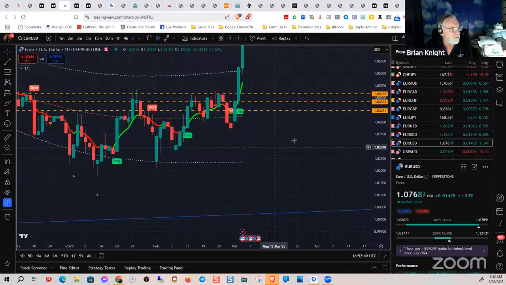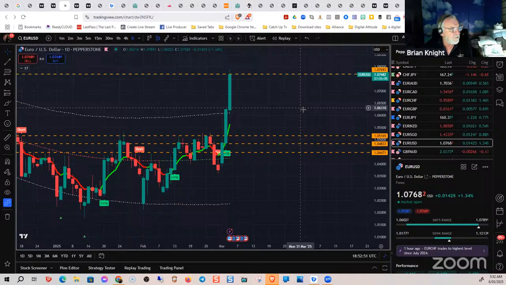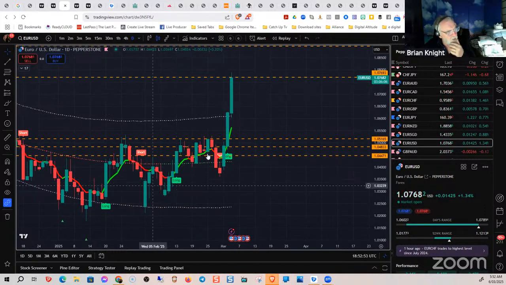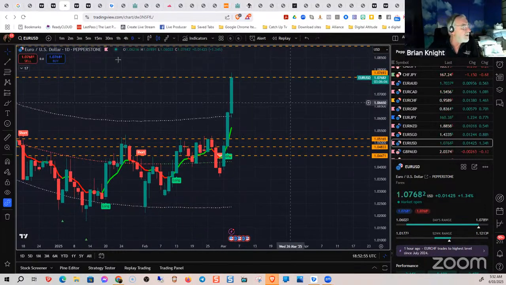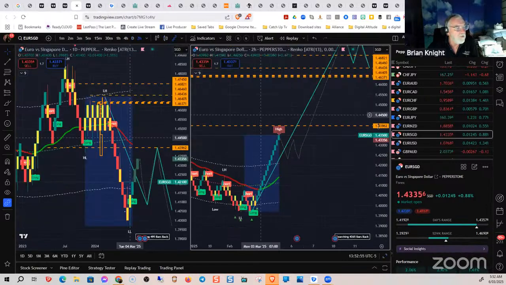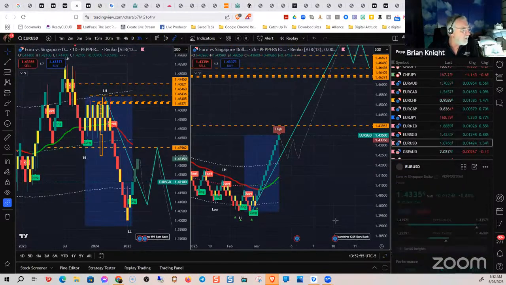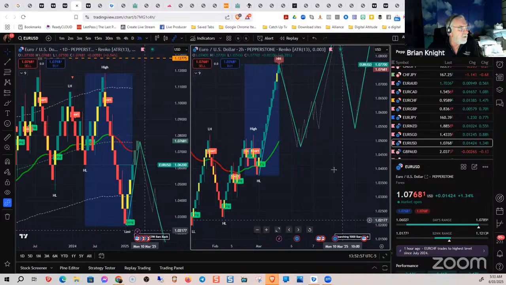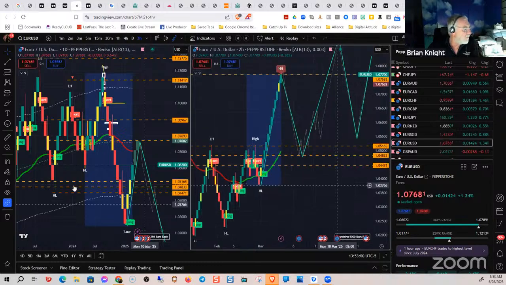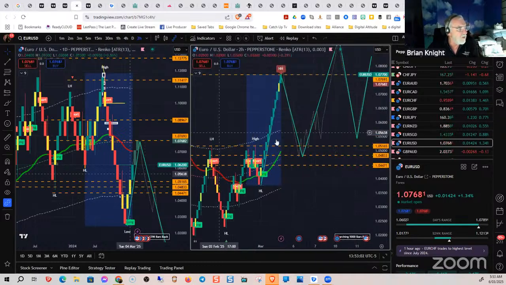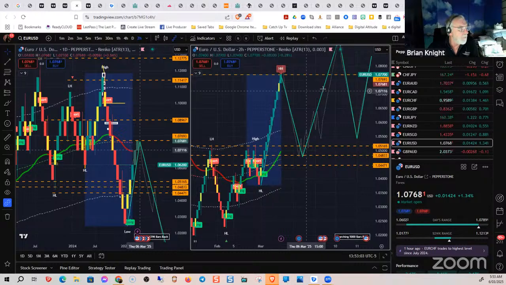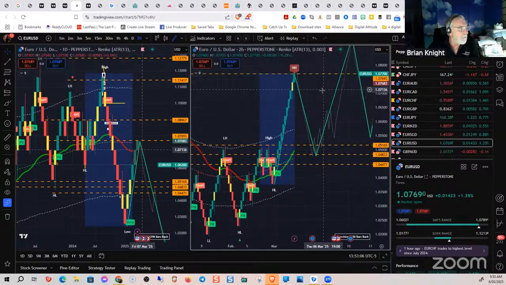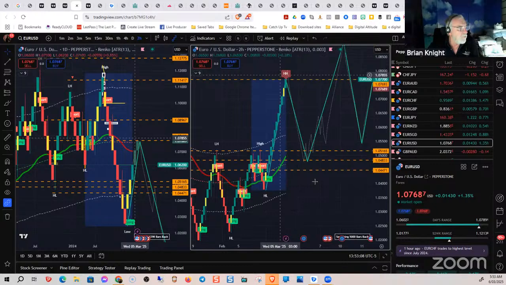This would be rubbish. You wouldn't take that trade because you would have no sort of inclination. But if you're Renkoing, ooh, I reckon that's going to push up higher. Oh no, we're going to get a pullback.